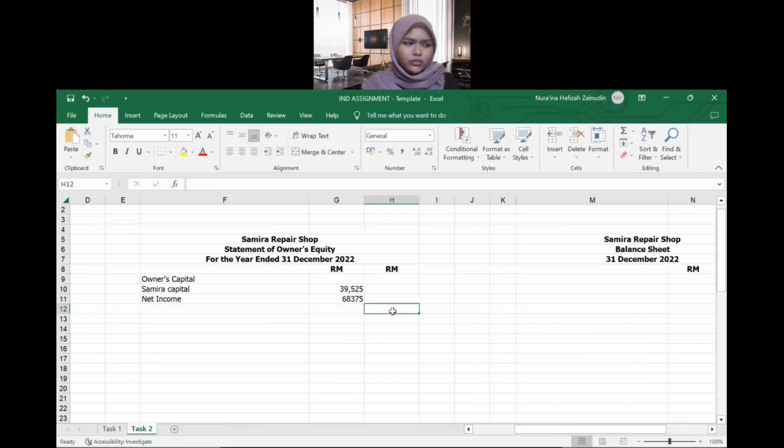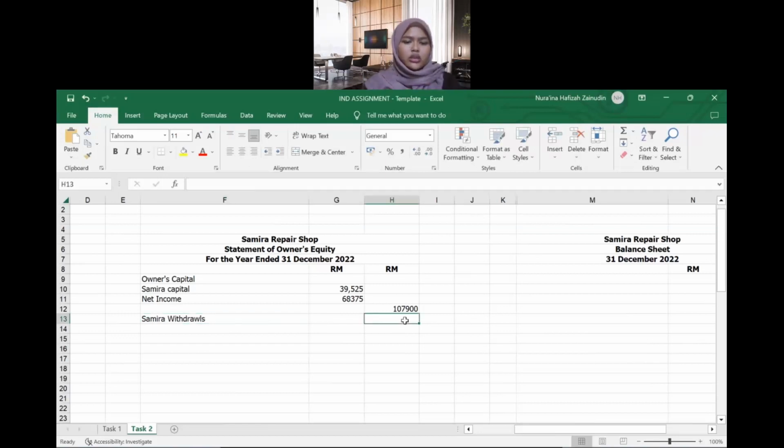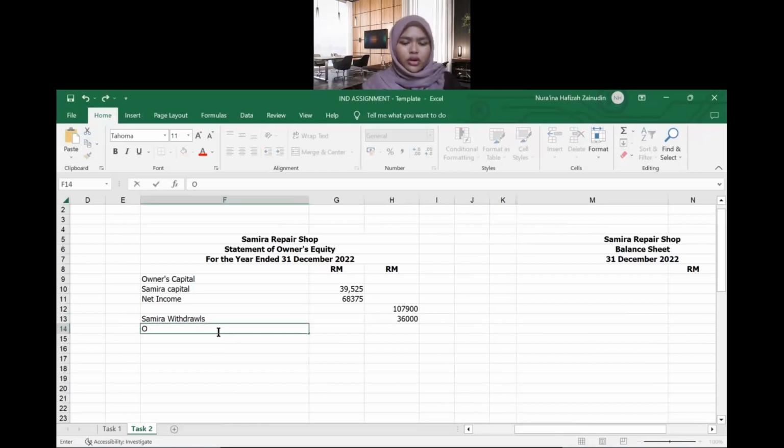The total is 107,900 ringgit Malaysia. This is Samira withdrawal. Samira withdrawal is 36,000 ringgit Malaysia. To get the owner's equity, it is owner's capital minus the Samira withdrawal. Then we get the owner's equity, and the total is 71,900.